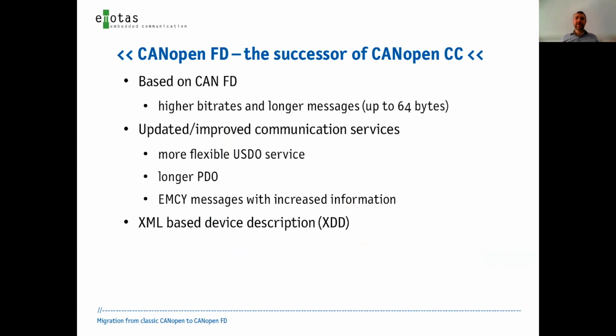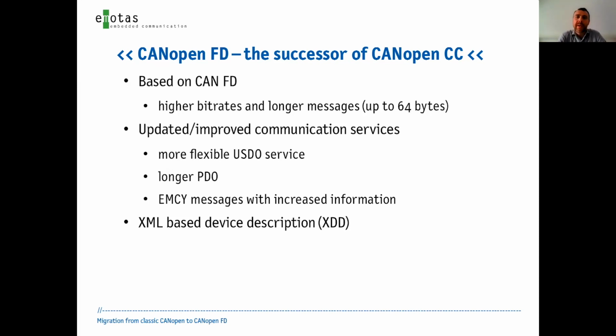And when CANopenFD was developed, there was an idea to use the new features CANFD provides, and also to add some more flexibility. As I mentioned earlier, the first version of classical CANopen was released in 1994, and when CANopenFD was standardized before 2017, there was the idea to add more flexible features.